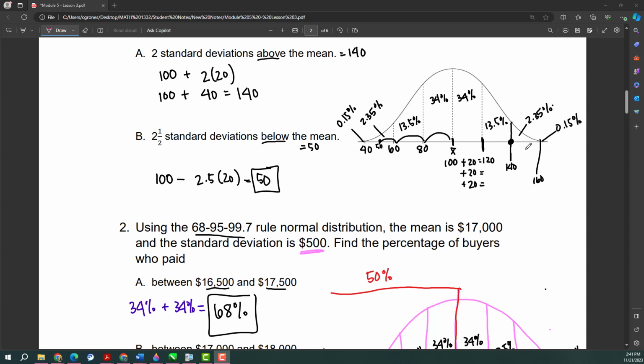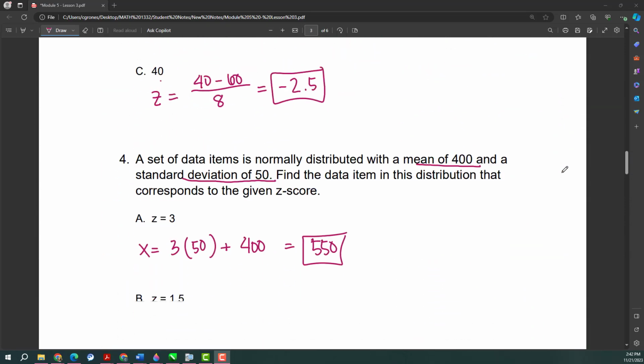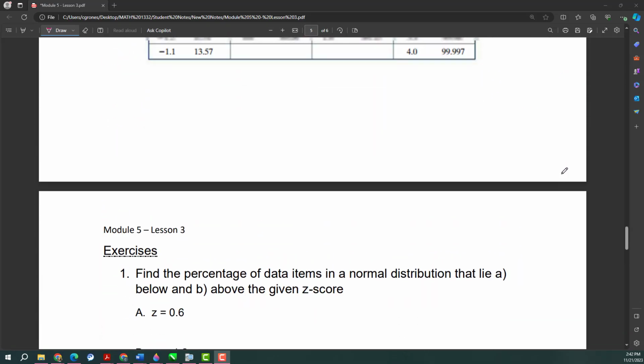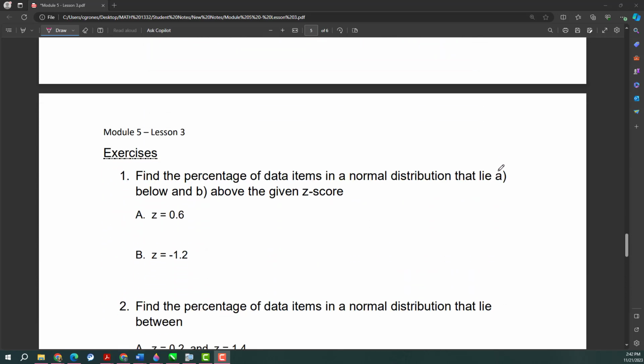So where this z-score is, let's say that we're looking at A, where our z-score was 140. Everything that is below is going to be that percentile, the percent to the left. So that is going to be what's below that z-score, and then everything to the right is what is above that z-score. So we're still looking at our normal distribution bell-shaped curve. And we can also use our table. We don't have to use our curve necessarily.